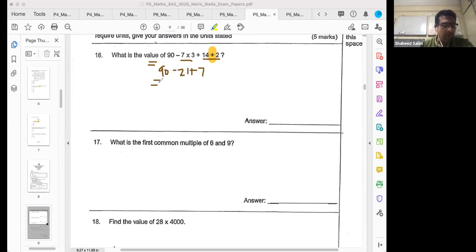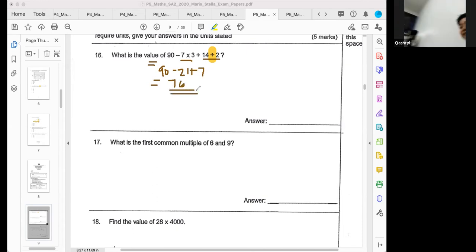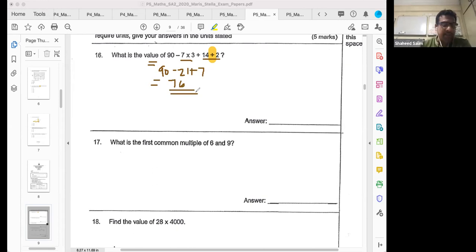I'm confused. Then you minus, you get 69 plus 7, 76. Rather straightforward, huh? So far no one has given me the correct answer for question 17. Botmas is correct.